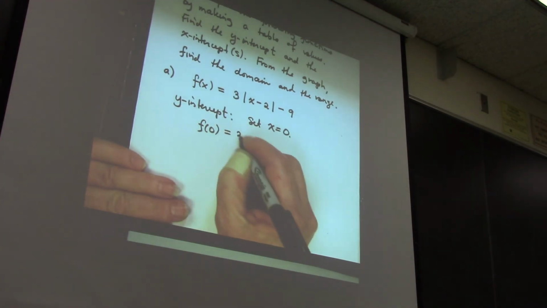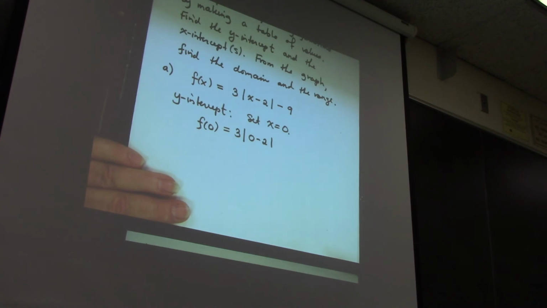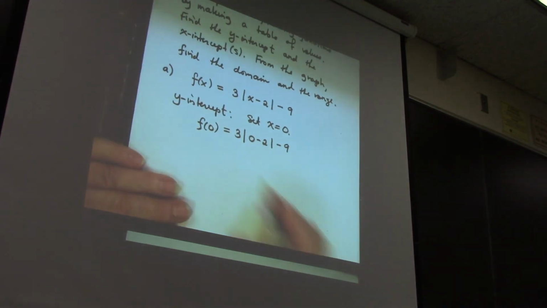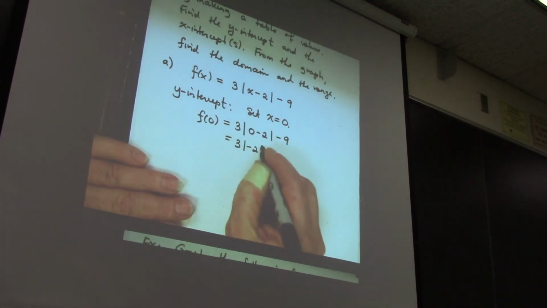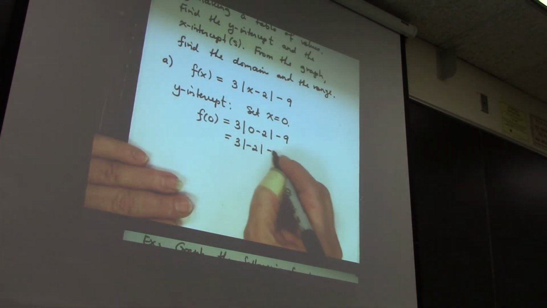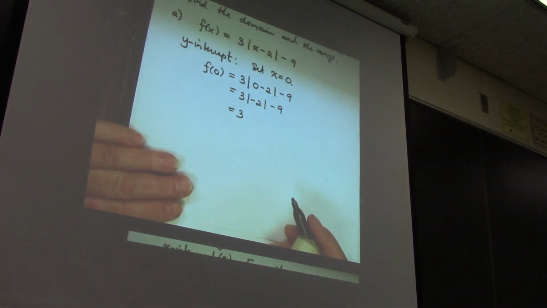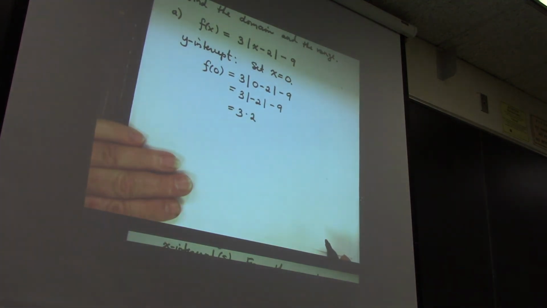So f of 0 is 3 times the absolute value of 0 minus 2 minus 9, which is 3 times the absolute value of negative 2 minus 9. What's the absolute value of negative 2? Plain old 2.